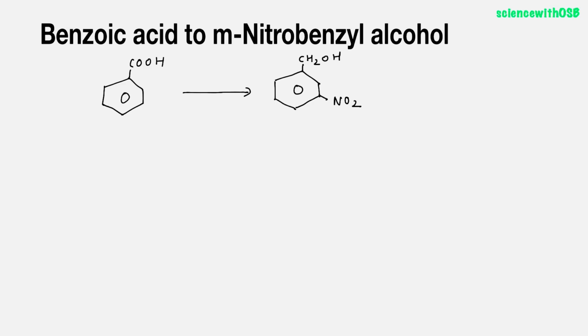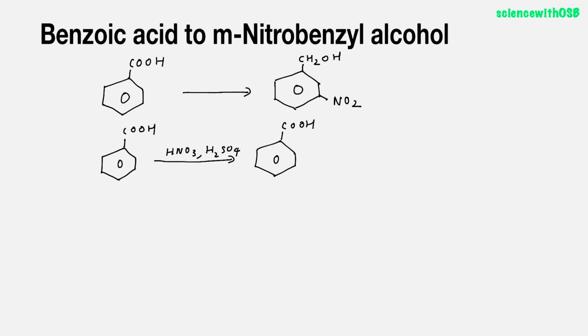Okay, let us convert. So we start with benzoic acid. We are going to nitrate it by adding HNO3 and H2SO4. Okay, so we got what? Meta-nitrobenzoic acid, right? COOH and NO2. Now, what are we going to do?